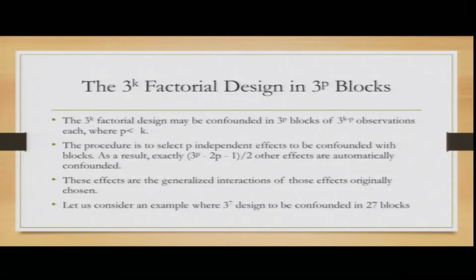The 3^k factorial design in 3^p blocks, where p is less than k, and you will do your block design depending on the variables accordingly, so that you have the minimum number of blocks to get the ANOVA output to the maximum possible level.